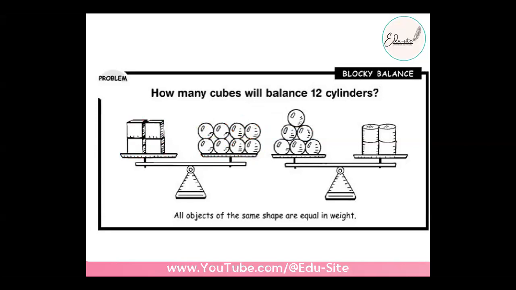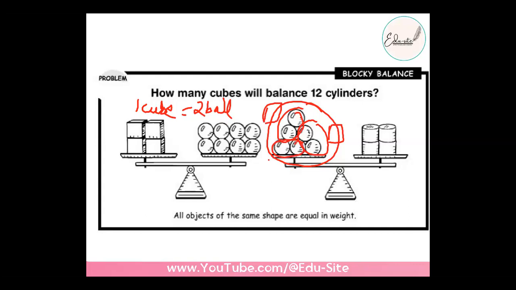So what we do here, beta, is one cube is equal to two balls. What we'll do now is replace these balls with the cubes. We'll replace two balls with one cube, and this two balls with one cube.